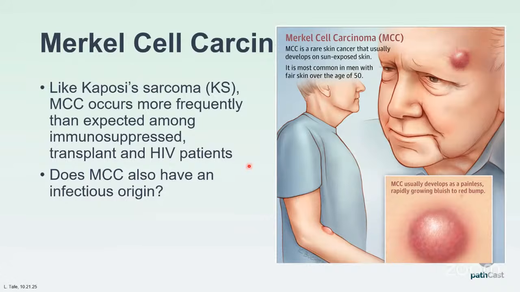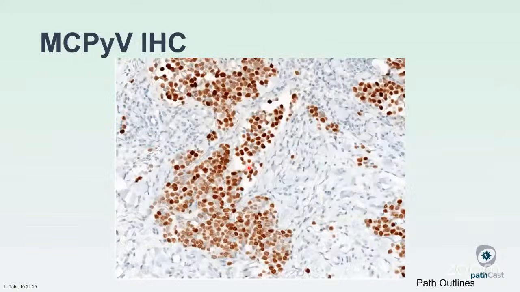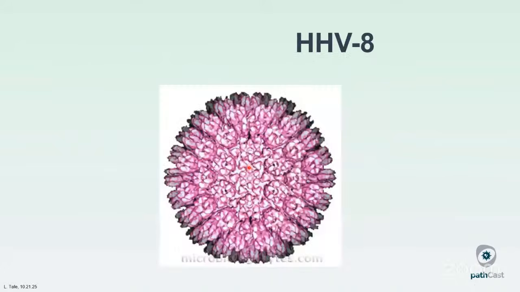And so indeed, the Merkel cell virus has been identified as being associated with these particular tumors and oncogenic. So Merkel cell carcinoma, just a beautiful example here. And we do have an IHC stain that we can use for the polyomavirus to indicate that it is present within the tumor cells itself.